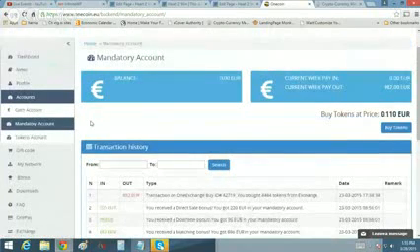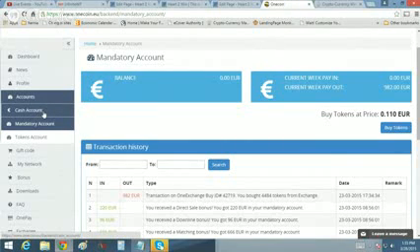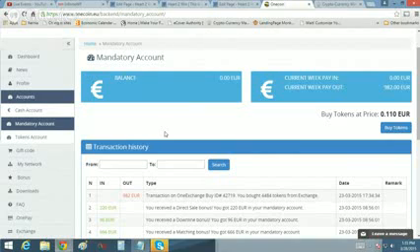Now, it all depends. A lot of people say, look, I want to recoup my initial outlay. Like if I purchased a 5,000 euro package, I want to get that money back. Well, the way to get that money back, in my opinion, is to earn it through the compensation plan, through the business model. And so you don't want to touch any of the money that you've mined into coins.